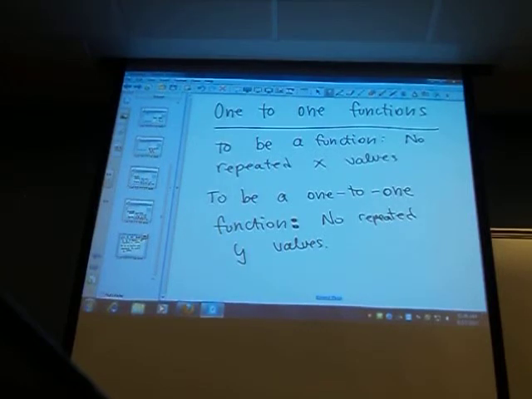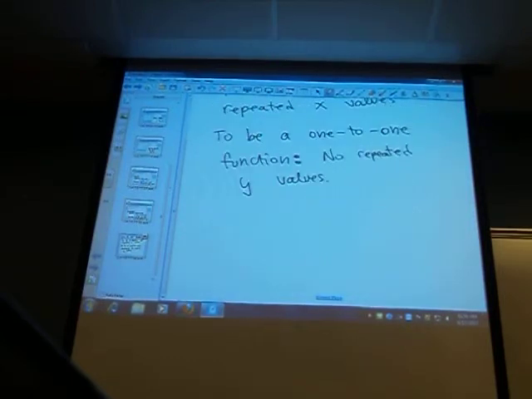Now, the test for a function was called the vertical line test. Remember that? The vertical line can't pass it twice. The test for one-to-one, well, vertical line would cover x values. Y values is horizontal, like that.